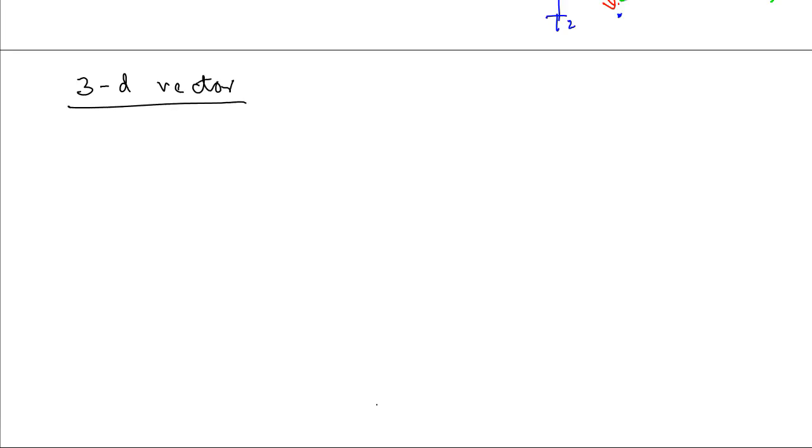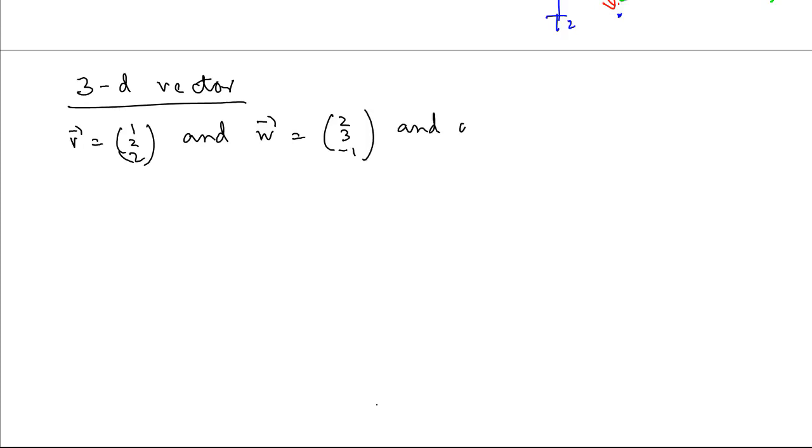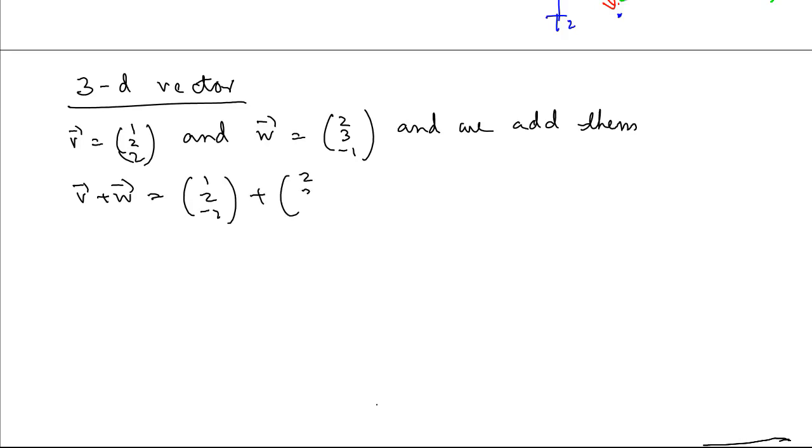represented. So let's consider a vector 1, 2, 2, and another vector w, which is 2, 3, minus 1, and we add them, say, and you do the same thing, add component wise or position wise. 1, 2, 2 plus 2, 3, minus 1.